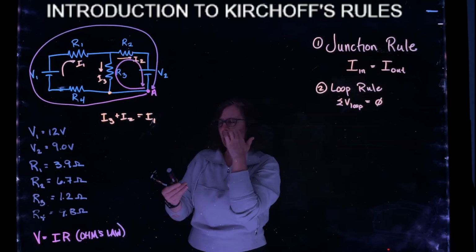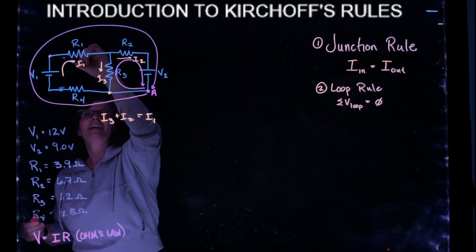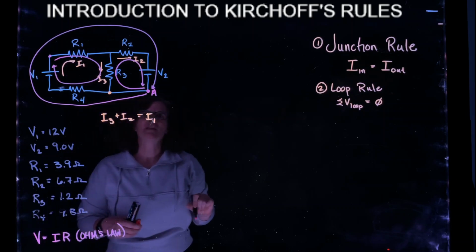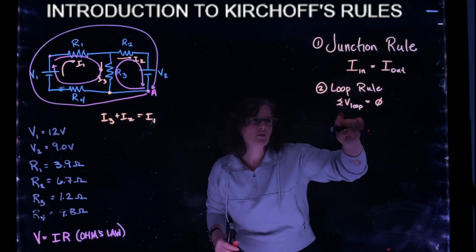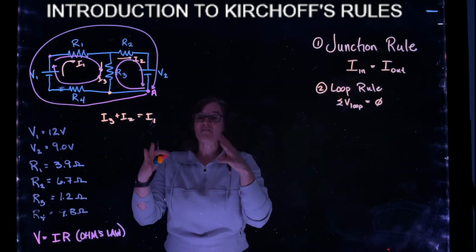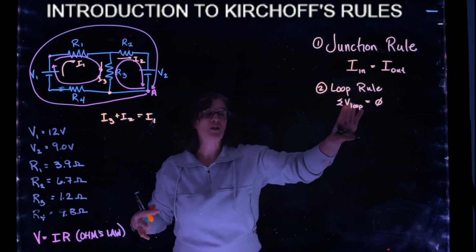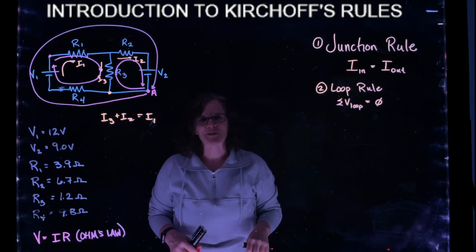It doesn't start at A, but I could maybe start at this corner and I can go around that loop. So in this circuit, I have 3 loops. For every one of those loops, the voltages along those loops are equal to 0. I have 3 more equations that I can sum the voltages along that loop to equal 0. That might give me a shot at solving for these currents.